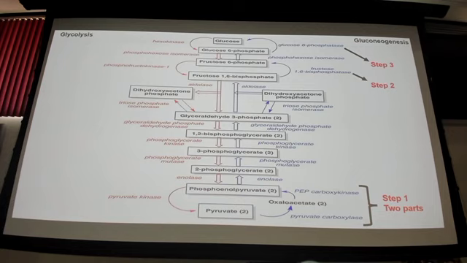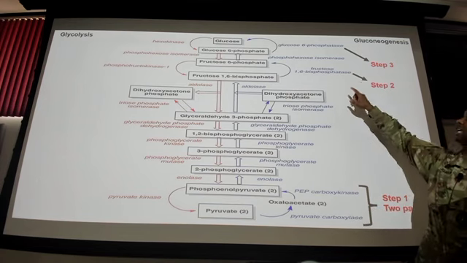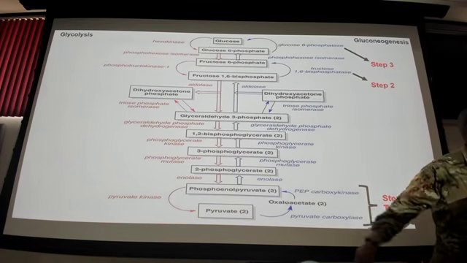Any other questions? Yes. Sir, can you explain again how this is not the opposite of glycolysis? So this one is creating glucose, the other one is breaking down glucose. How is it not the opposite of it again? Because it's using different enzymes in the irreversible steps of glycolysis. That's all.